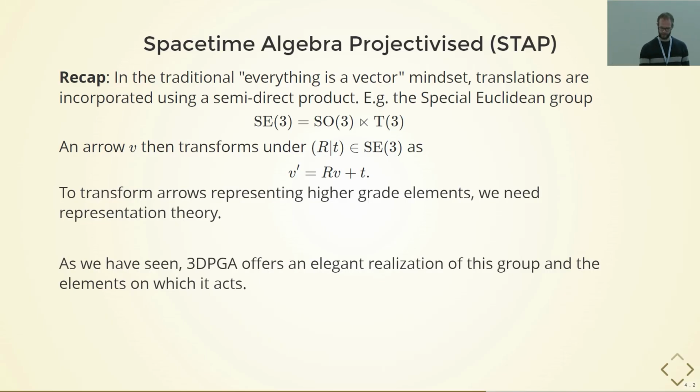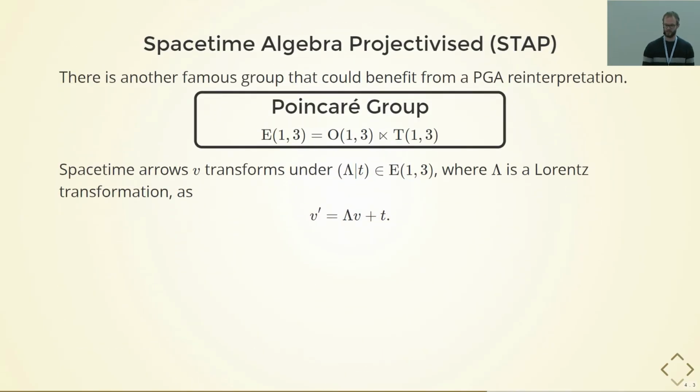And a question you might ask is there another famous group that could benefit from a similar treatment? And there is one, and that's the Poincaré group, and that is a pseudo-Euclidean group. And it is the semi-direct product of the orthogonal group in space-time with a translation group. And then we again say that any arrow transforms under a tuple of a Lorentz transformation and a translation.